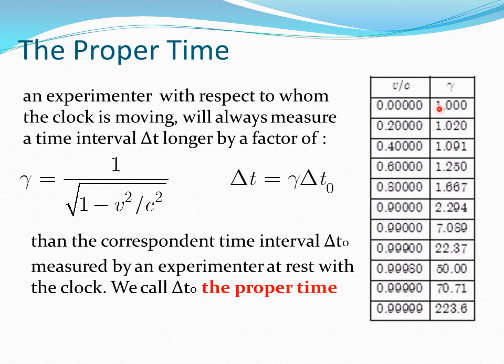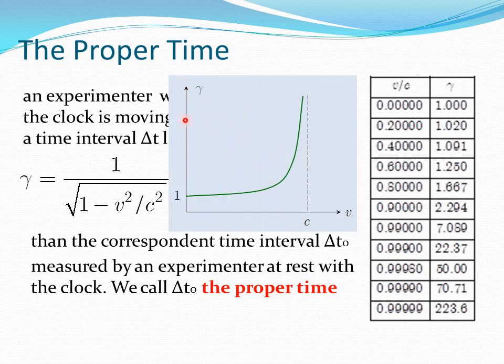As you can see, gamma is not much greater than 1 until v remains under 90% of the light speed, and only when the ratio reaches values like 0.9998 we have a gamma factor of 50, namely delta t is 50 times longer than delta t0, and we have a gamma factor as big as 223 only when the ratio v over c is equal to point and then 5 nines to the right of the decimal point.